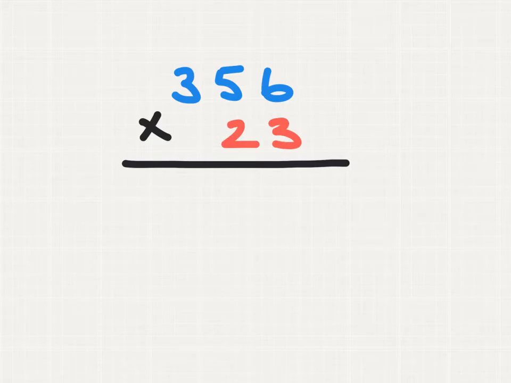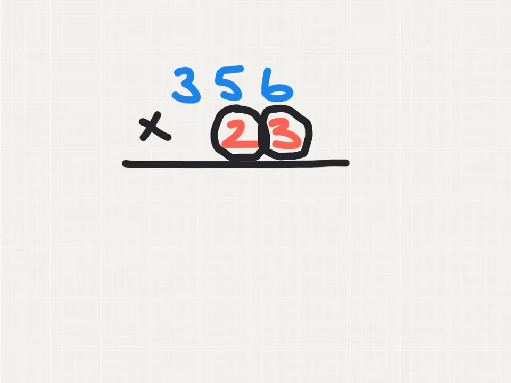In this particular example, we'll be multiplying the 3-digit factor of 356 by the 2-digit factor of 23. What will be happening in this problem is we'll be multiplying 356 by 3, and then we'll also be multiplying 356 by 20, and then adding those together to get our final product.